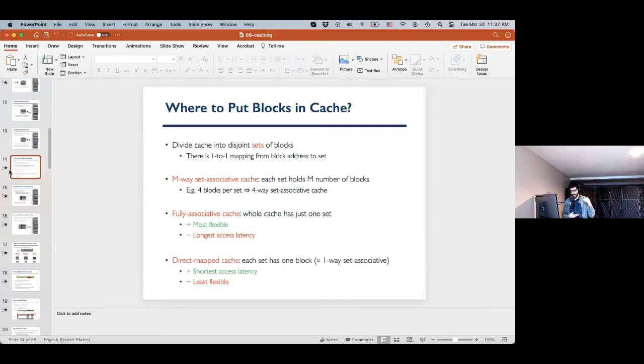Once I have sets, there is a mapping between each memory block and a set. Each memory block, now we're talking about memory blocks, has to go to one particular set.